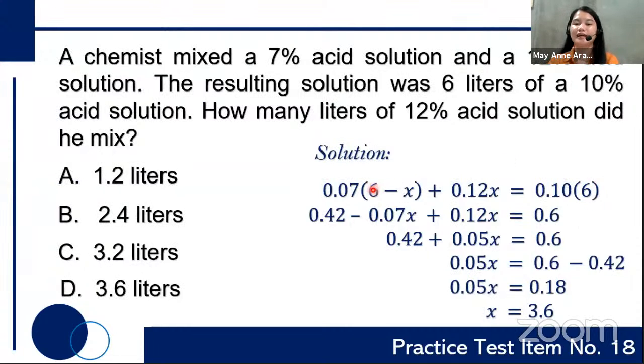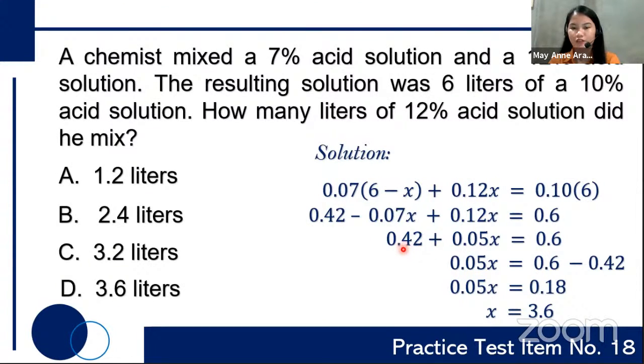Pag ganito yung type of mixture problem, ganito yung gagawin nyong process kapag given yung mismong solution. Kasi madali lang kapag ang hinahanap lang ay yung nandito sa left side, i-add mo lang naman. So, yun yung most common na type of problem. So, just simplify. 0.42 minus 0.07x plus 0.12x equals 0.6.